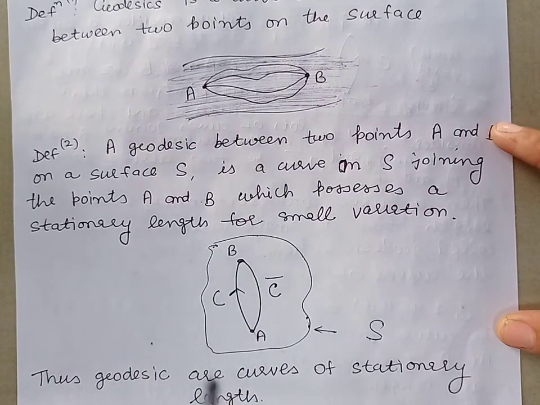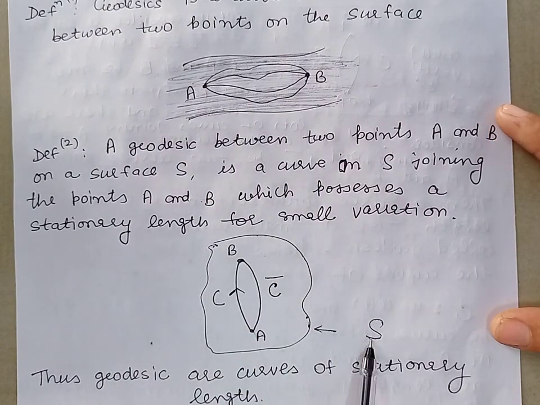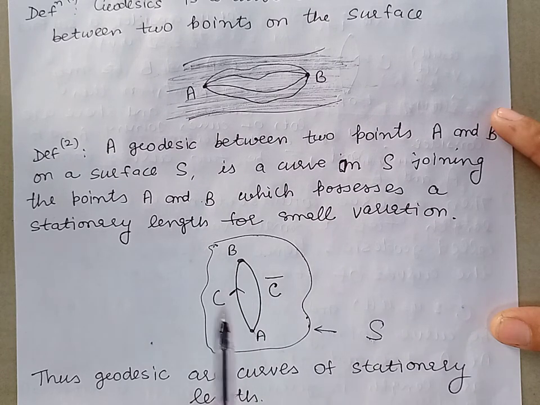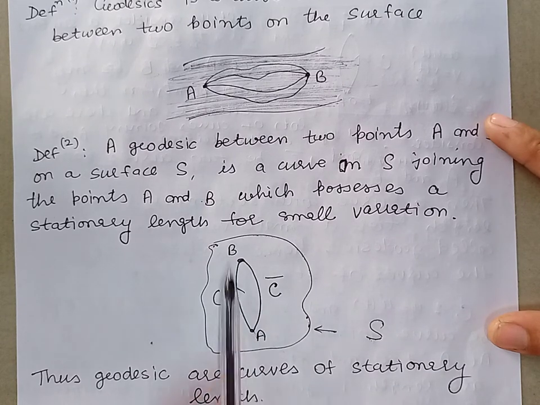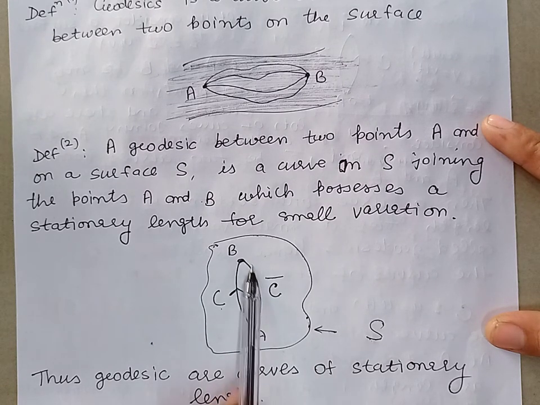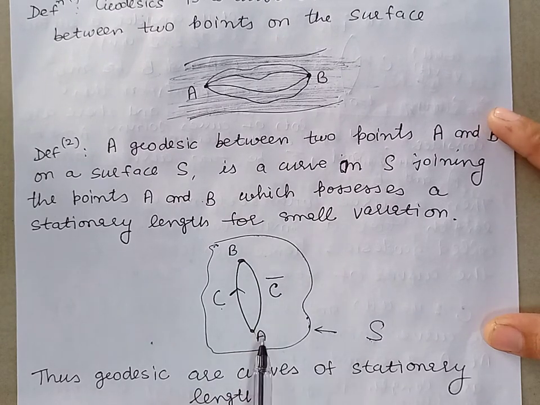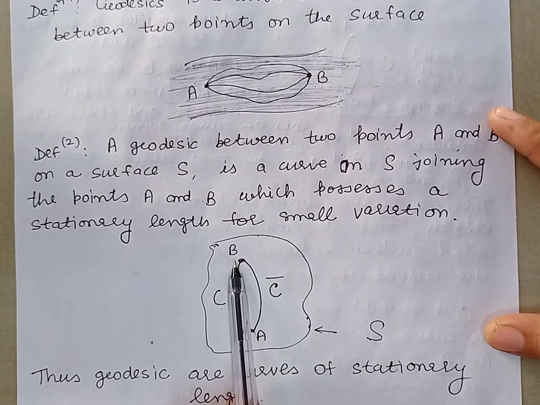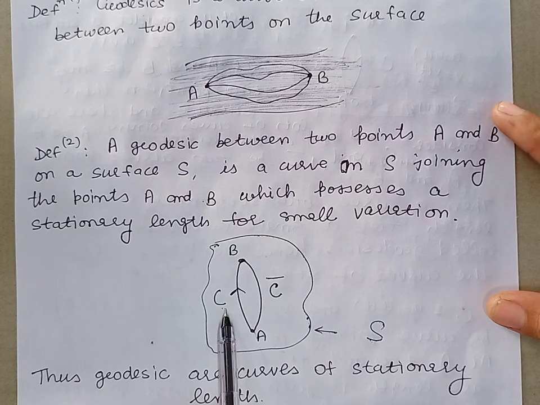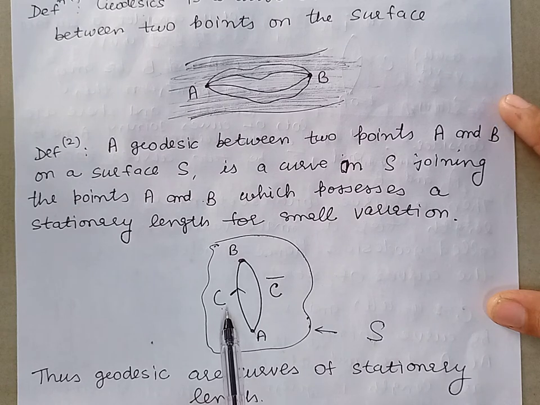Let S be a surface and A and B are 2 points on this surface. Let C be a curve joining these 2 points A and B. For a small variation, let us take C bar, another curve joining the points A and B. If the length of the curve C remains stationary for small variations, then we say that this curve C is a geodesic.